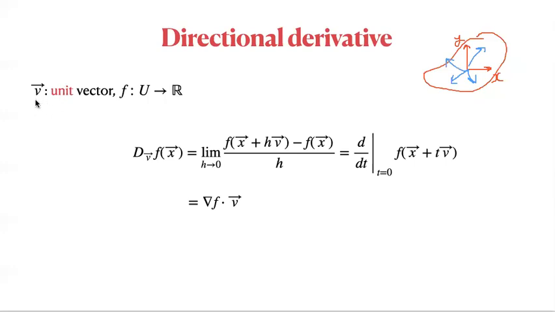The one thing that we want to focus on is that v is a unit vector. If the vector has any length, then this value is changed a bit, so it is not a great condition. So we think about only the unit vector. If the direction is given by any vector like (1, 2), then we need to find the unit vector. Here unit means the length is 1.